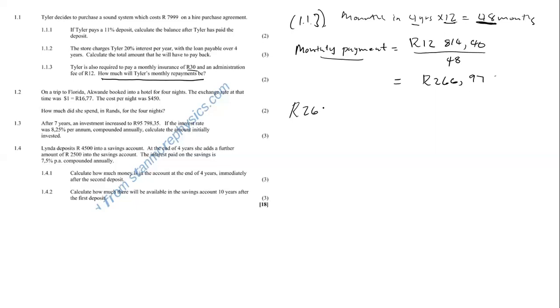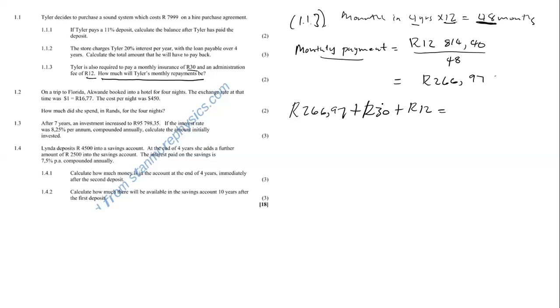We know that he has to pay 266.97, but he also needs to pay another 30 rand for insurance, and again an administration fee of 12 rand. This is for each and every month. Tyler needs to pay all of these. So what is the summation of all of these figures?